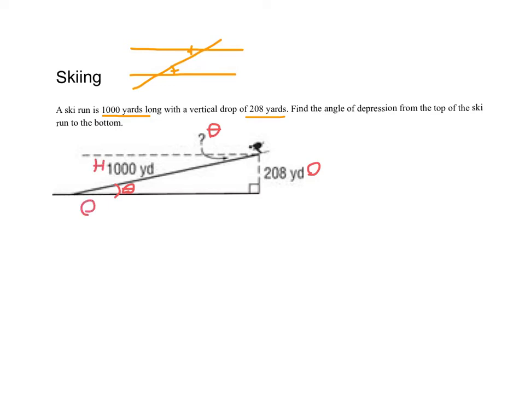So opposite and hypotenuse trig function is going to be my SO, or my sine function. So the sine of my theta is equal to my opposite of 208 divided by my hypotenuse of 1,000.